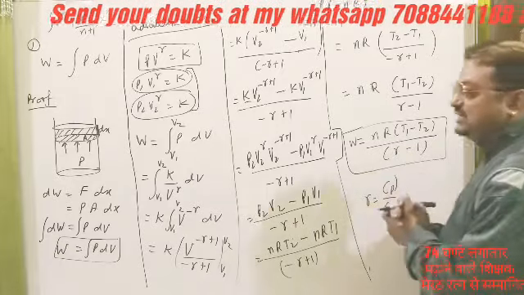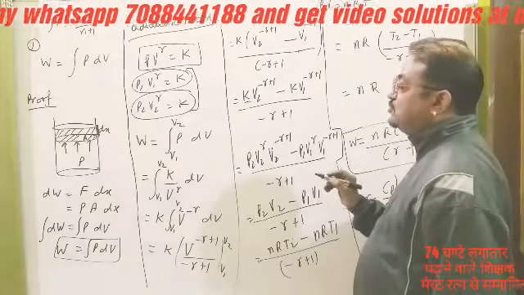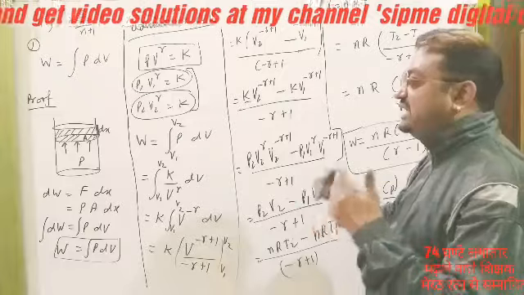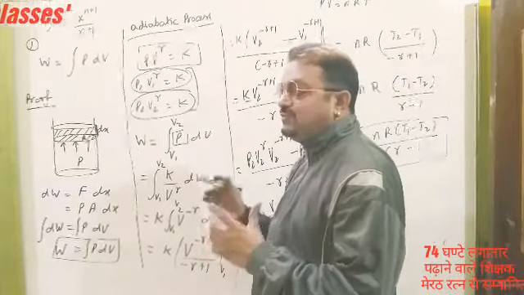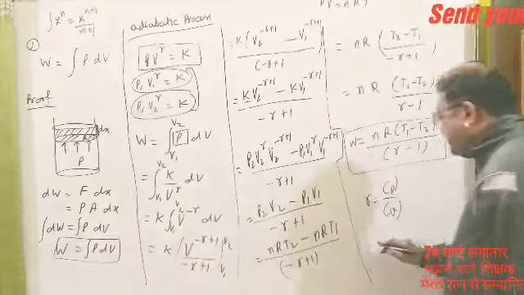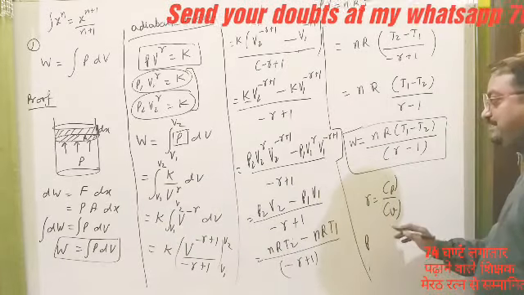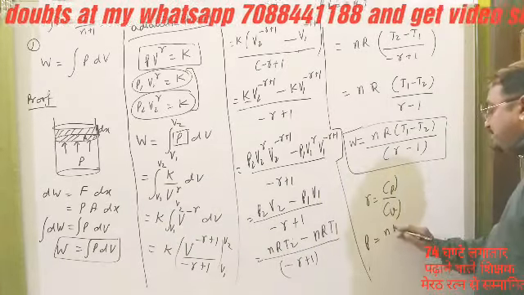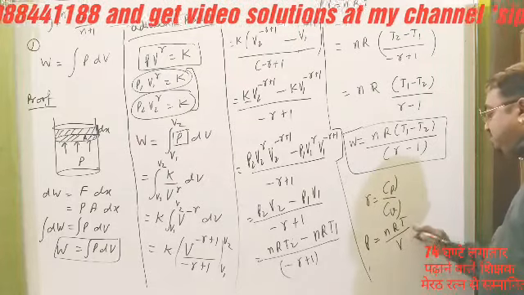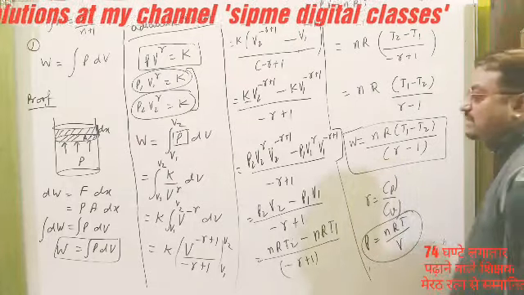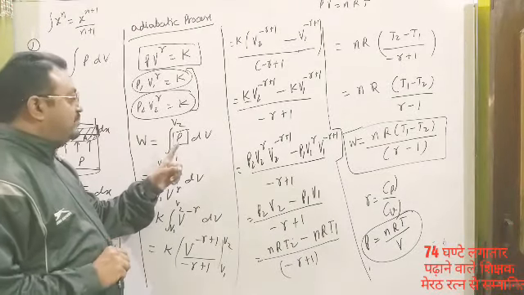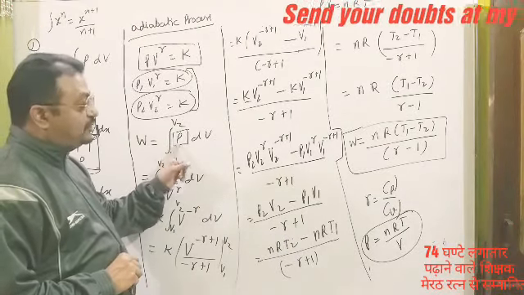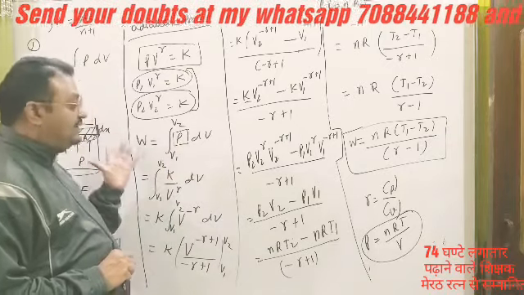Now, the second question is, if the equation PV equals nRT is applicable to each and every process, then instead of this P, why don't we put nRT upon V? Listen, PV equals nRT is applicable everywhere. We can put nRT upon V instead of P in any equation. As we did in the isothermal process, instead of P we put nRT upon V, then solved it.